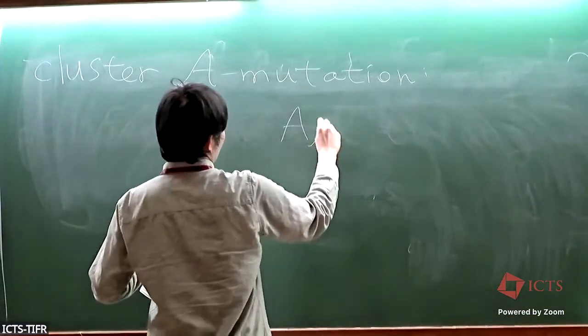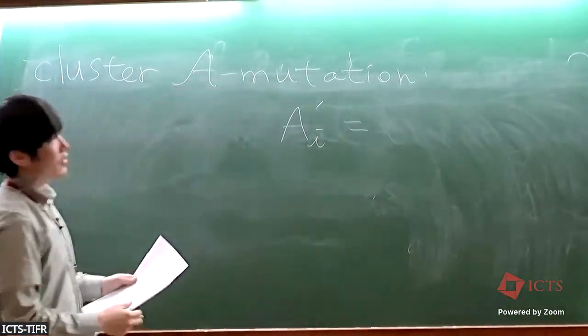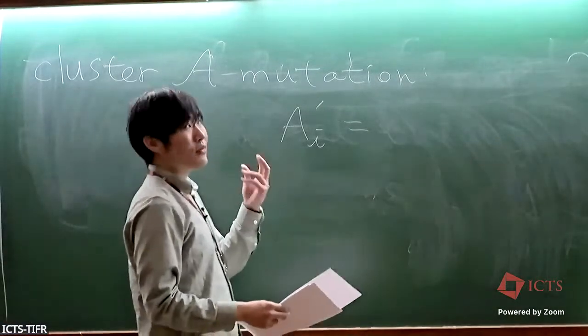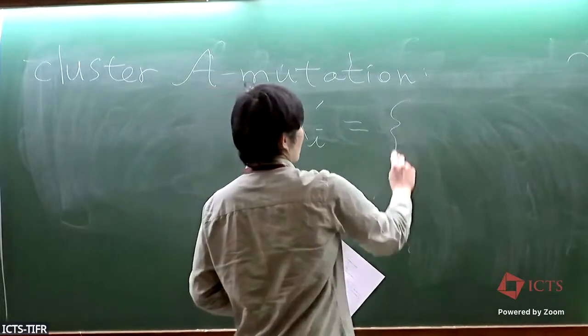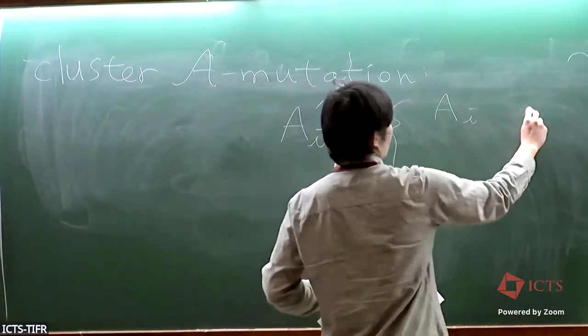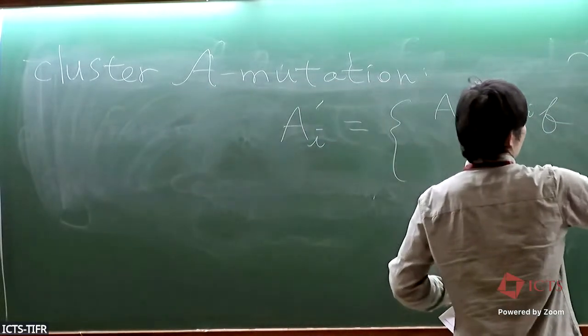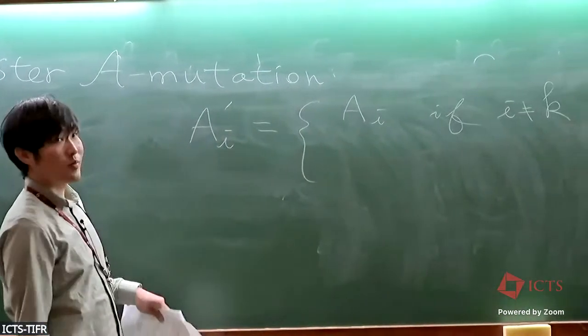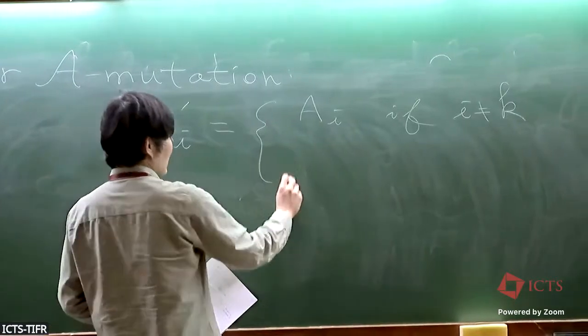The new variables after mutation. So in fact, only one variable changes. So everything stays the same except for the kth variable that you're mutating at.